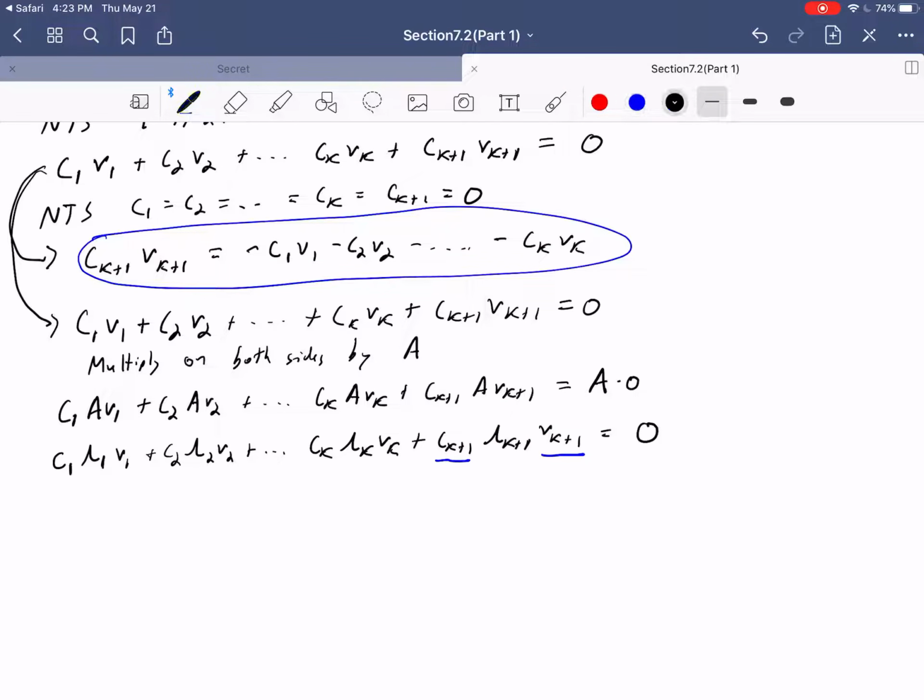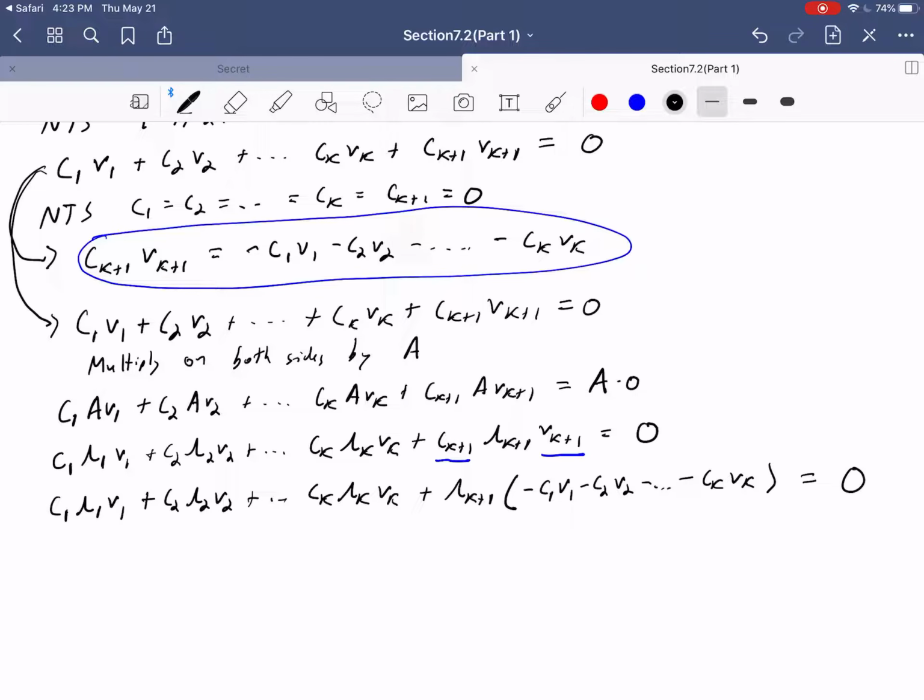So doing that, we would get c1 lambda 1 v1 plus c2 lambda 2 v2 plus ck lambda k vk plus lambda k plus 1 times that whole expression, which is minus c1 v1 minus c2 v2 minus ... minus ck vk, is all equal to 0.